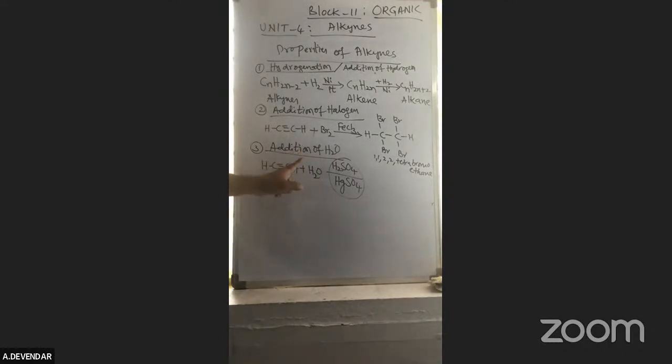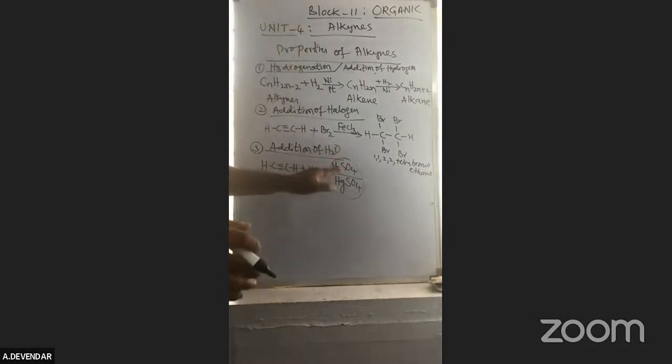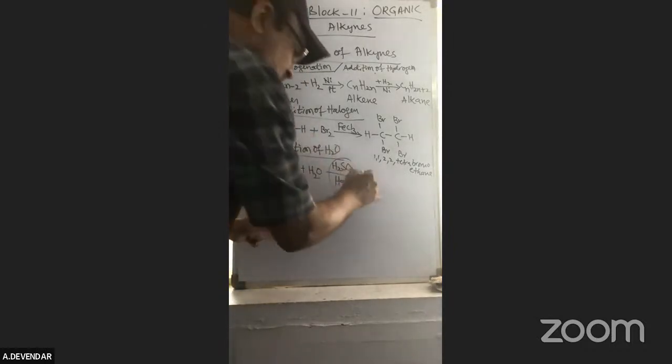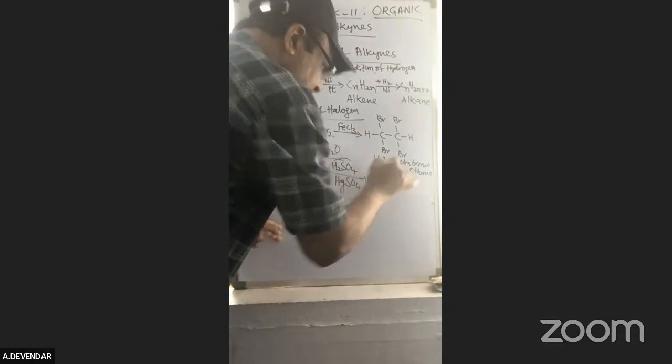When the alkynes are hydrolyzed, it is in the presence of sulfuric acid. This sulfuric acid contains mercuric sulfate, meaning the mercuric sulfate is dissolved in the sulfuric acid. It acts as a reagent. So that is dissolved in the water. Formation of, what do you get?